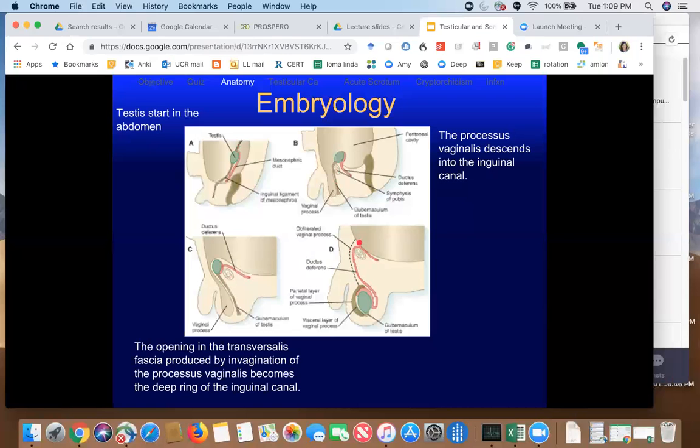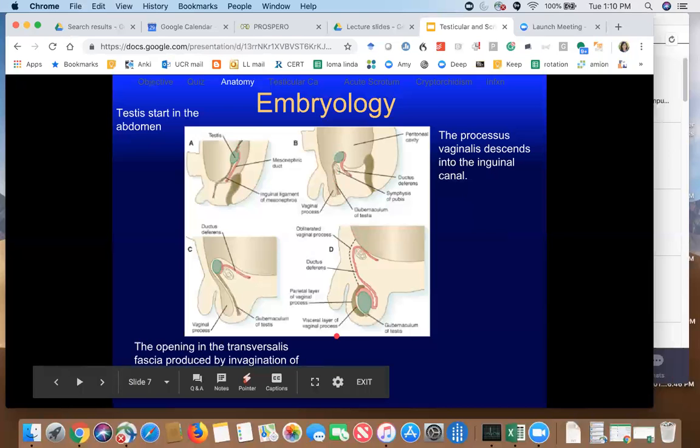When surgeons repair an inguinal hernia, they can do a laparoscopic repair. They go in laparoscopically and put in a little plug in the region of the inguinal canal to close off the hernia. So that's the deep ring that they're closing off.